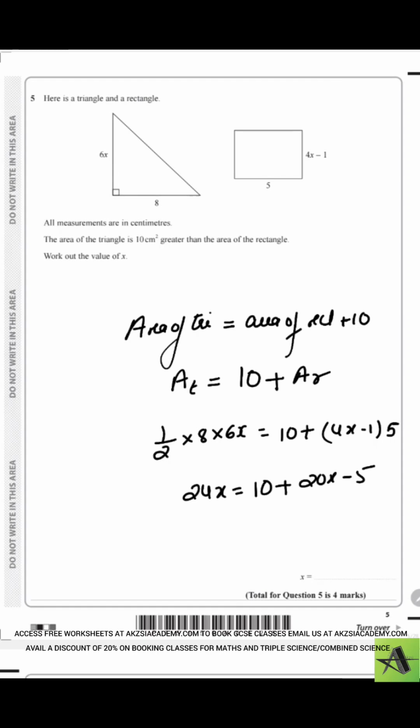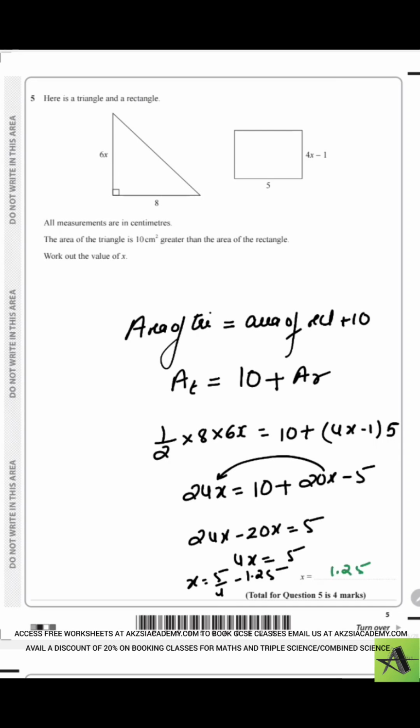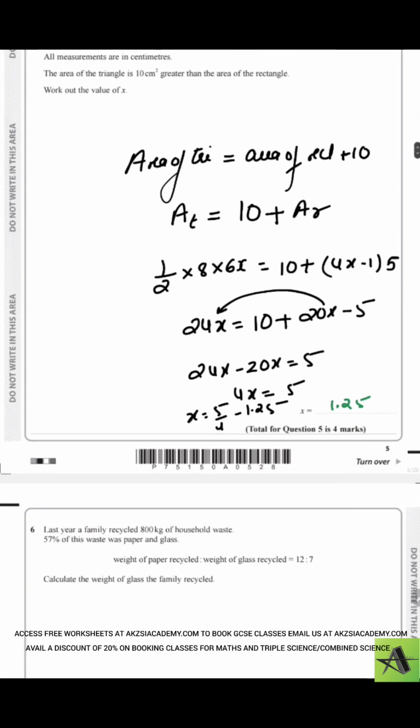Bring all the x's to one side. So 24x minus 20x equals 5. 4x equals 5 and x equals 5 over 4, which is 1.25. So what's the value of x? It's 1.25. Moving on to the next question.